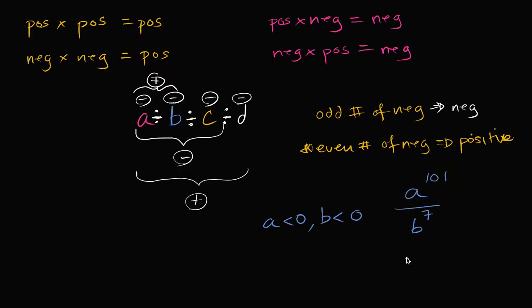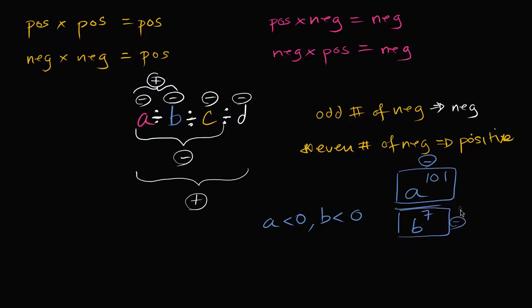Or 0 maybe? Well, you see here, a to the 101st power, you have an odd number of negative numbers being multiplied. So this whole thing is going to be negative. And the same thing applies here. You have a negative number to an odd power. You have an odd number of this negative number being multiplied together. So that's going to be negative.